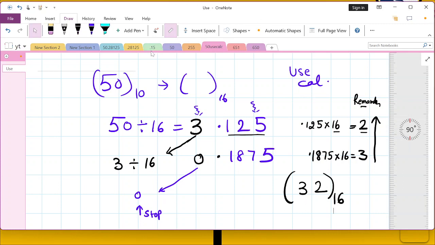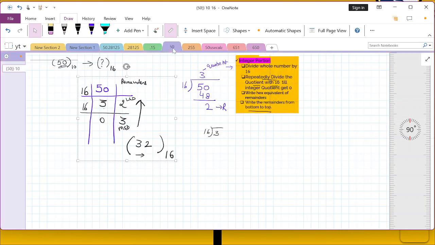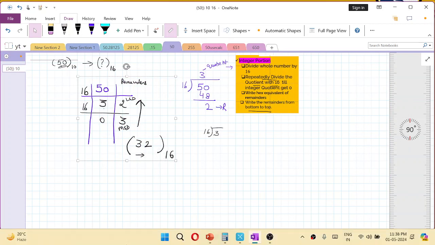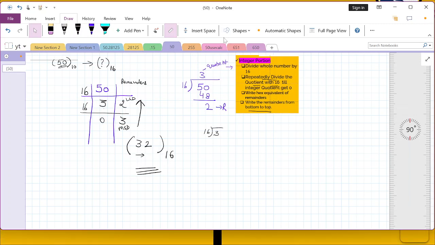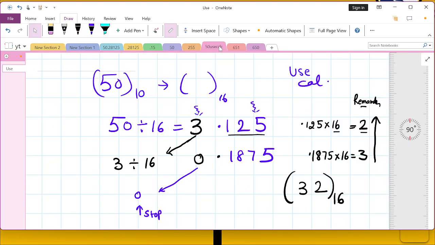Let's check it with this number. We did this without using calculator and we got this answer 32 in hexa, and the same number we are getting, but this time we were using calculator. So the only difference is that this quotient will now be made up of a whole number part and a fraction part.